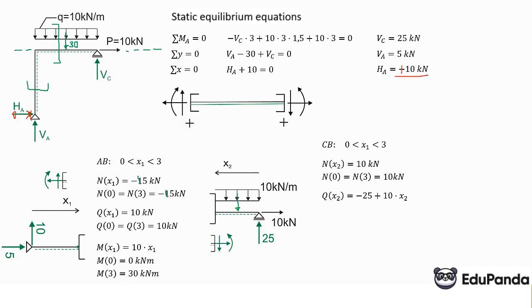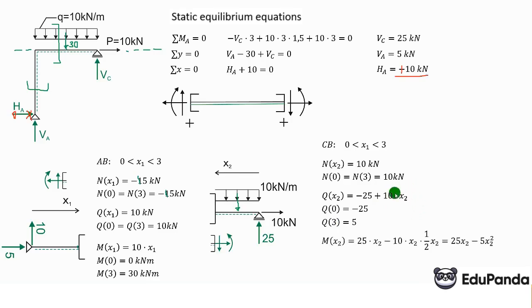And it is at the center of gravity of that section, so if the section is of length x2, then the resultant is in the middle, or 1/2 x2. This will be needed for the moment soon, so we have minus 25 plus 10 times x2. Therefore, we have some dependent function of x2. Let's check. For a value of 0, it's minus 25, so we substitute 0 for x2. And for a value of 3, we have 5.